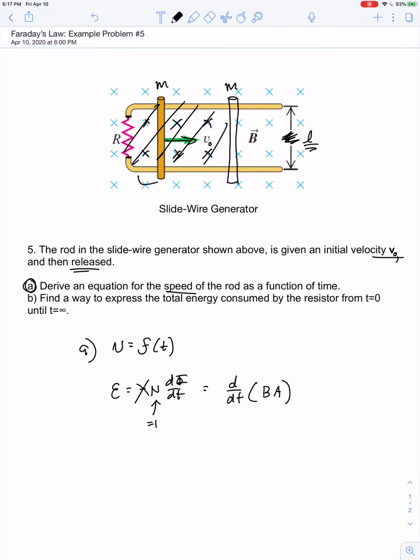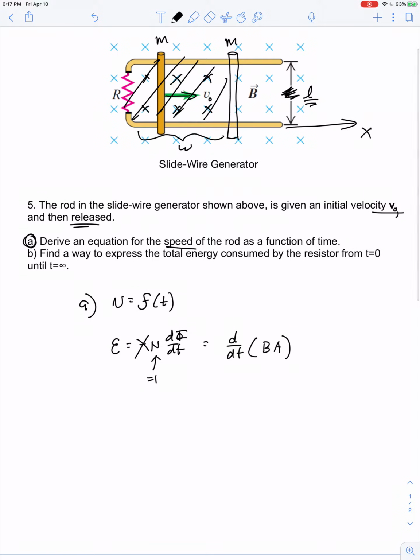I guess we also need some amount of width. And so the width is a measurement along the x-axis. So we can say this is equal to d dt of B times length times width. So the magnetic field and the length don't change, and we're just left with d width dt, which is the same thing as dx dt.